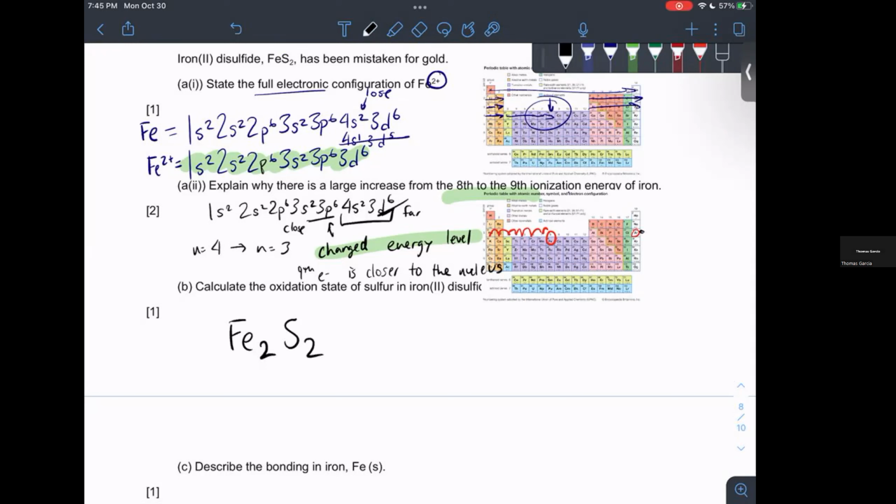FeS2. So we know that iron has an oxidation state of +2. It says so right here. Therefore, each sulfur is a -1. There you go, -1. That is the worst looking -1 I've ever written.